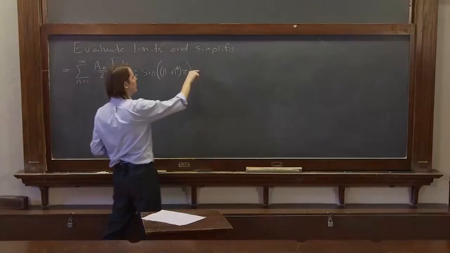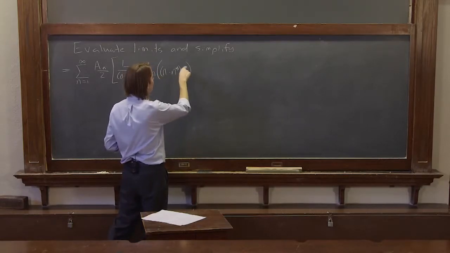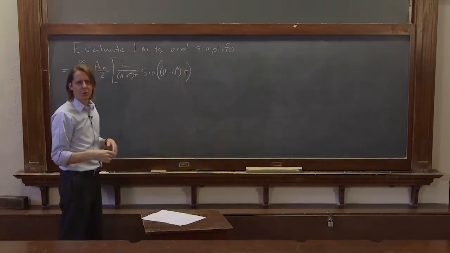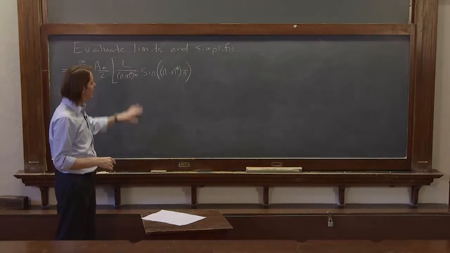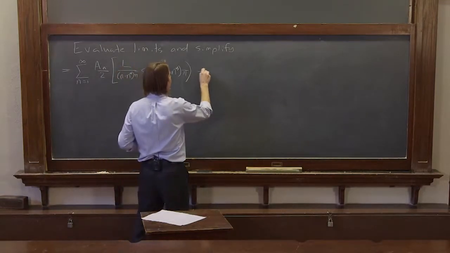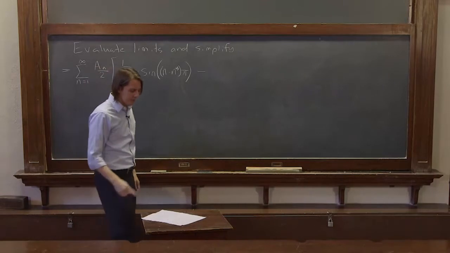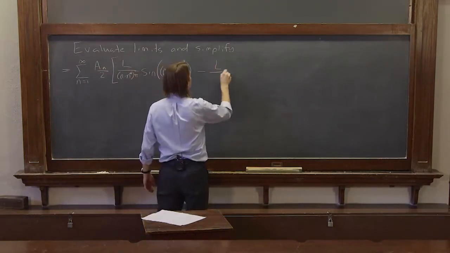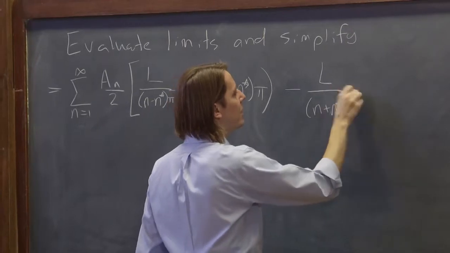And then minus, we plug in 0 for the other limit, but it's sine of 0 because there's an x in here, so sine of 0 is 0. So the 0 limit gives us nothing, right? So here's where we plugged in L. That was the first integrated term. And then minus, and now we do the second term, the n plus n star term, and it's got L over (n plus n star) pi.